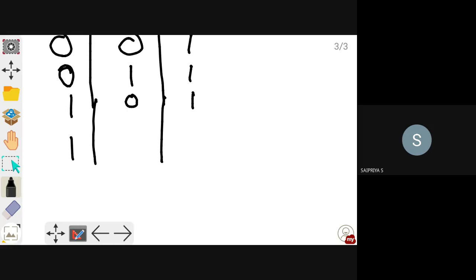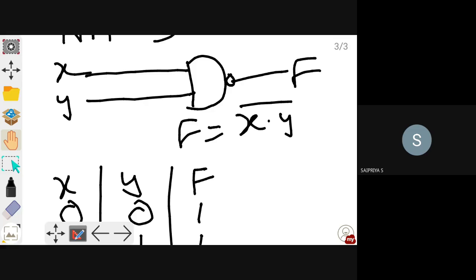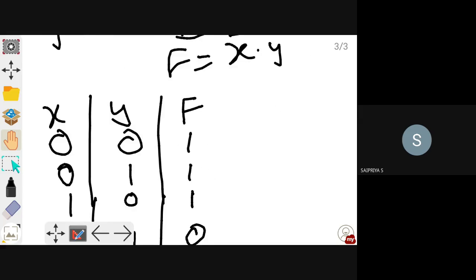And 1 into 1 is 1. You invert it, you get the value of 0. So this is the truth table of the NAND gate. So X into Y the whole bar will give you the NAND gate. So for the symbol, you have to draw the AND gate and then put a bubble at the end. This will give you the NAND gate.